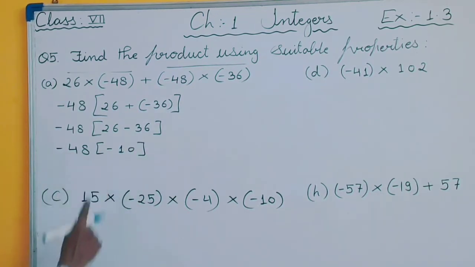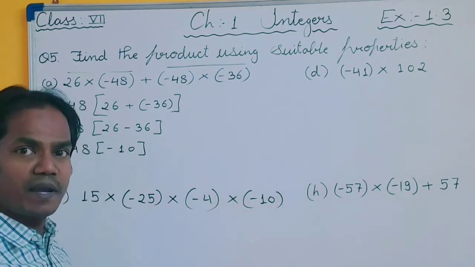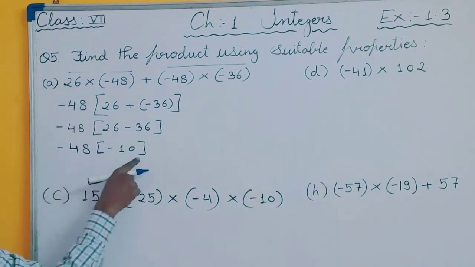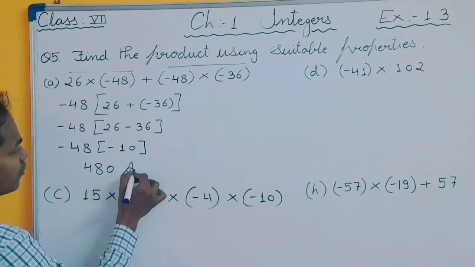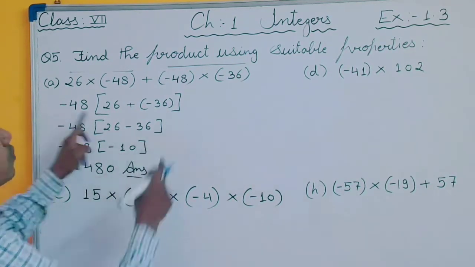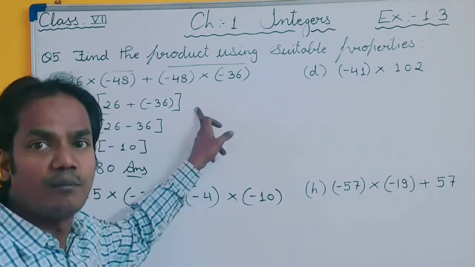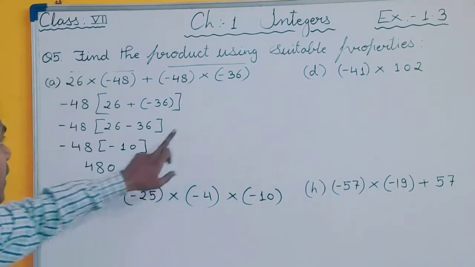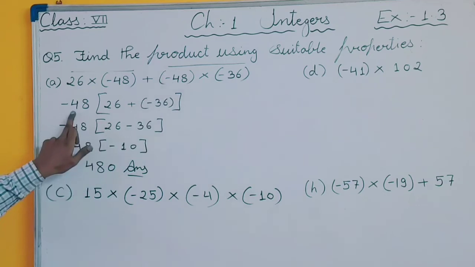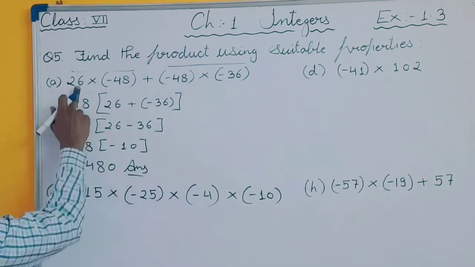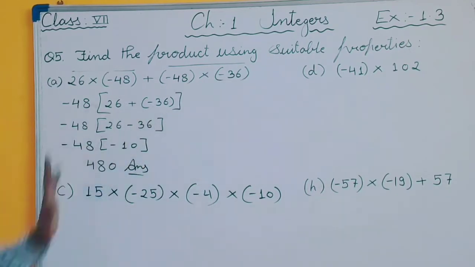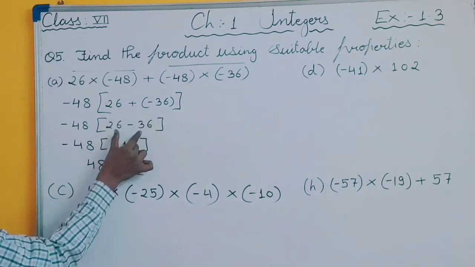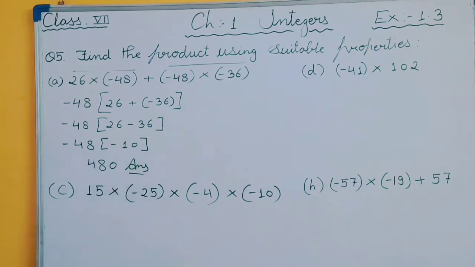And minus multiplied by minus, you know that minus multiplied by minus will become plus. So 48 multiplied by 10 is equal to 480, your answer. Here we have used distributive property. First I have taken common minus 48 and whatever is remaining, 26 plus and minus 36, I have kept in bracket. First solve this bracket, then multiply it.